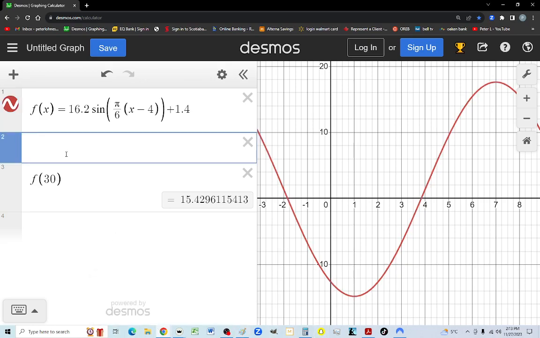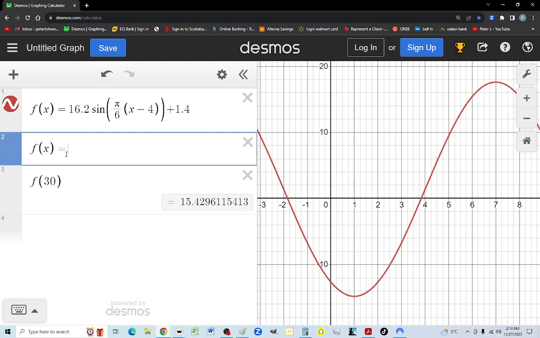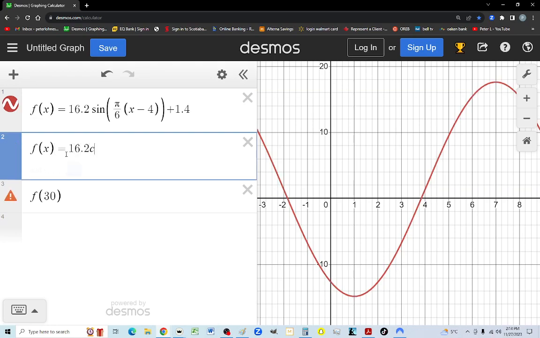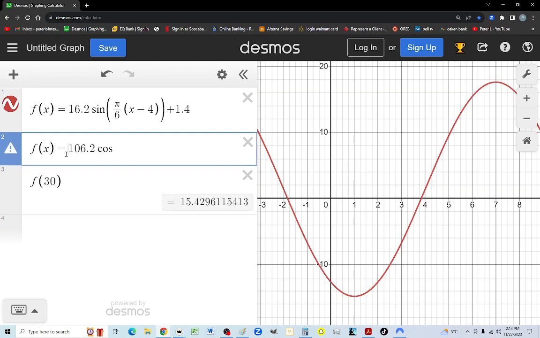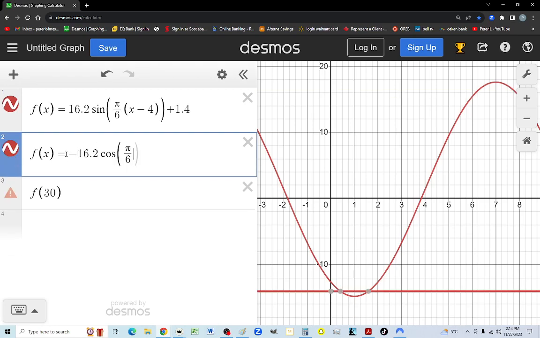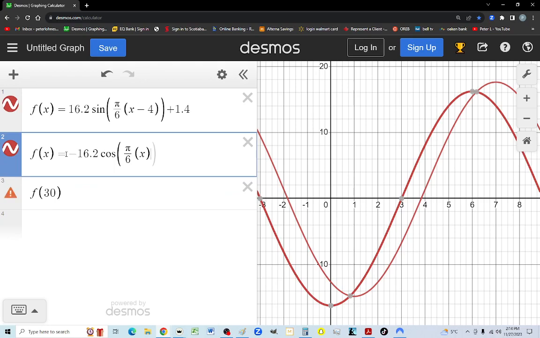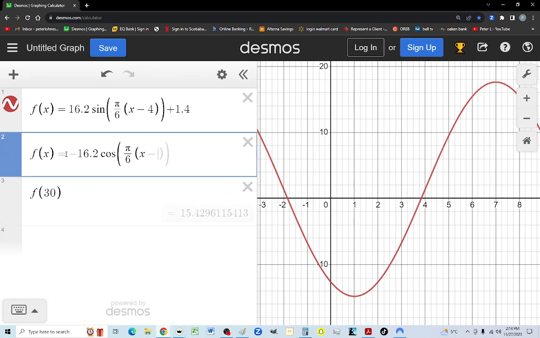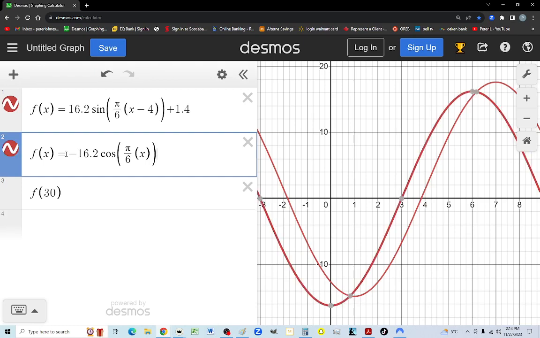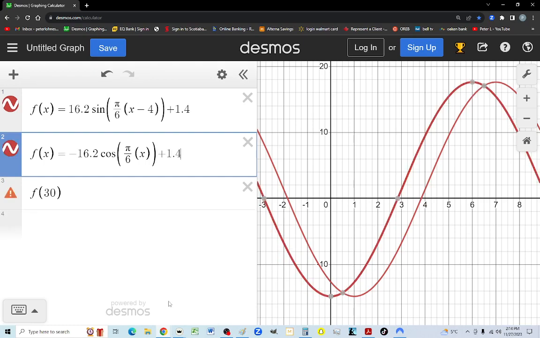But let's see if that other cos curve gives me the same thing. I have to move it 1. No, I shouldn't have to move it. Yeah, I have to move it 1, I think.